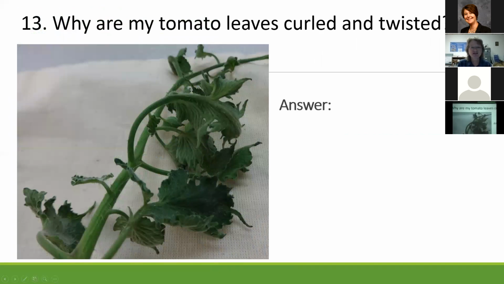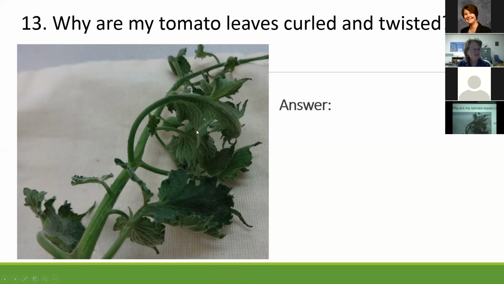Okay, I put these side by side on purpose, but why are my tomato leaves curled and twisted? Again, if you look really closely here, you can distinctly tell the difference between these two pictures. In the previous picture, the leaves were just folded up, rolled up, but if you unfurled them, they looked completely normal.